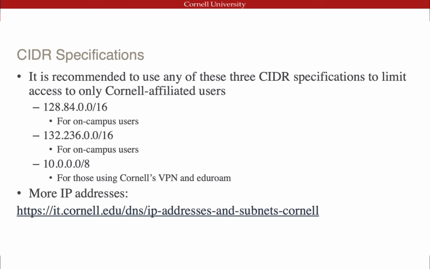The first two, beginning with 128 and 132, are for on-campus users. The third one, beginning with a 10, allows access to those using Cornell's VPN. It also includes access for people who are connected to on-campus networks, such as eduroam. For more IP addresses that limit access to Cornell users, you can follow the link shown on the slide.